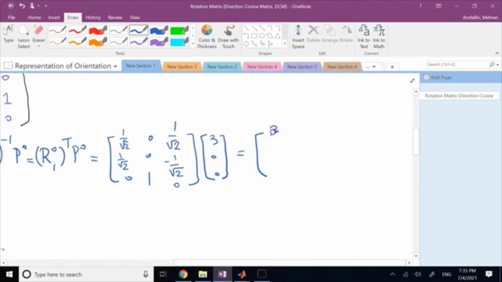So it is going to be 3 over square root 2, and then it is again going to be 3 over square root 2. Yes. And 0, right? So this is along x1, 3 over square root 2. Along y1, it is also 3 over square root 2. Along z1, there is nothing.